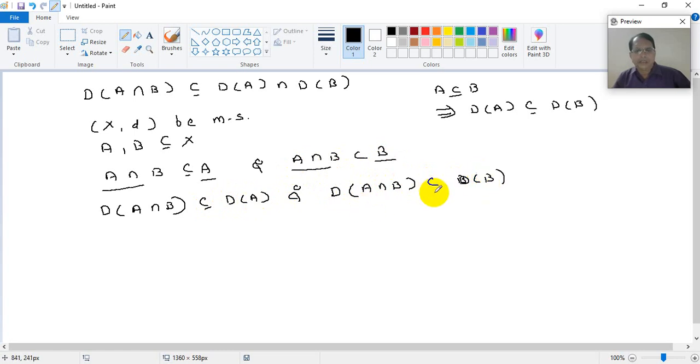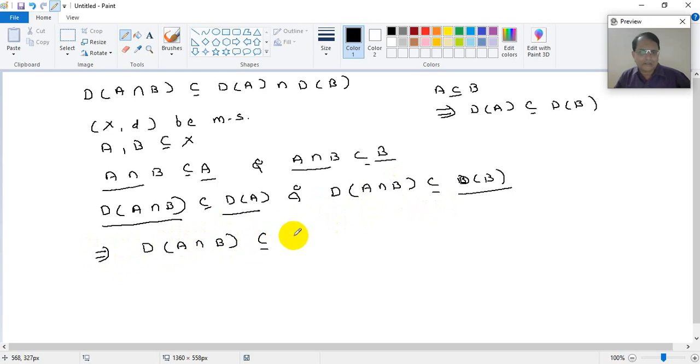Okay, so what happened? This set, the derived set of A intersection B, is a subset of the derived set of A and also a subset of the derived set of B. So it is in both, it is a common part. So it is a subset of DA and also of DB, meaning it is common to DA and DB, and common portion means it lies in the intersection. So this implies the derived set of A intersection B is a subset of DA intersection DB. So I think this is a straightforward result, nothing in that.